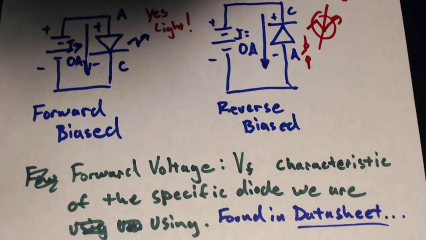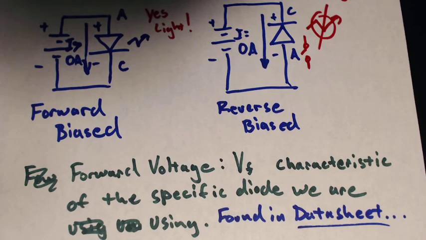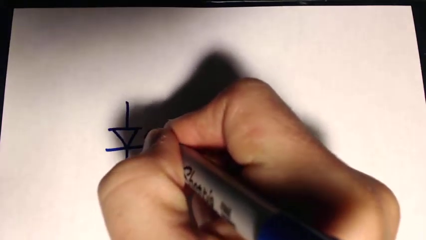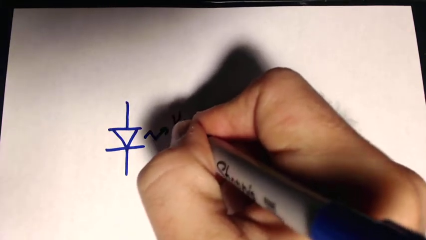Now, let's go ahead and make a device, and let's give it a characteristic for this forward voltage, and I can show you how that changes things a little bit. Okay, so let's give ourselves an LED, and I'm going to have to give you what the forward voltage is.